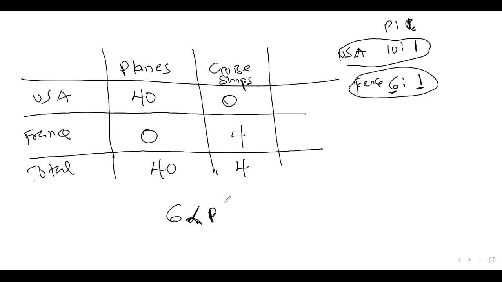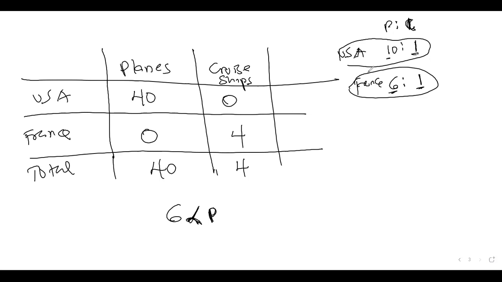Now let's go to US. For US, every cruise ship costs them 10 airplanes. So US will be willing to exchange less than 10 aeroplanes for 1 cruise ship.